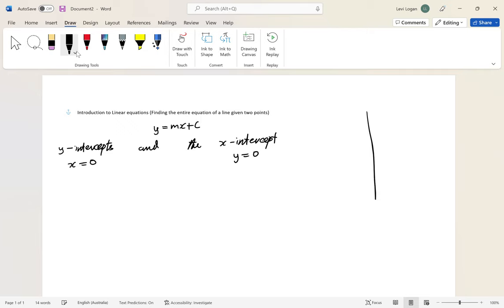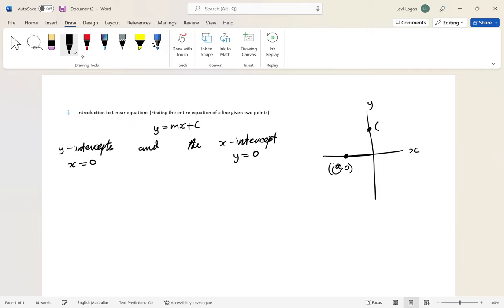Because by definition, if you have a set of axes of x and y, when the line crosses the x-axis, y will be 0. No matter what, let's say we have a random number a here, no matter what this number a is, this will always be 0 because it's always going to be on the line y equals 0. Same with this one.